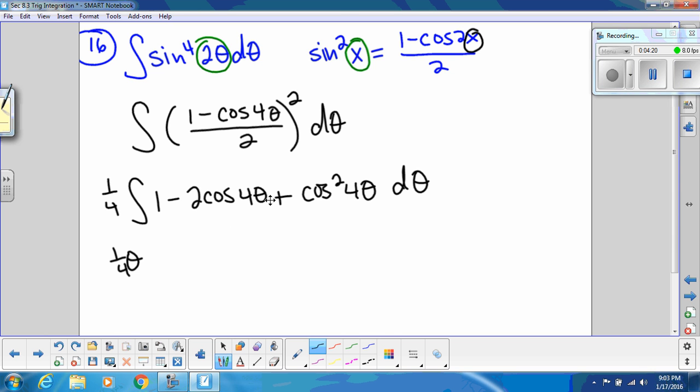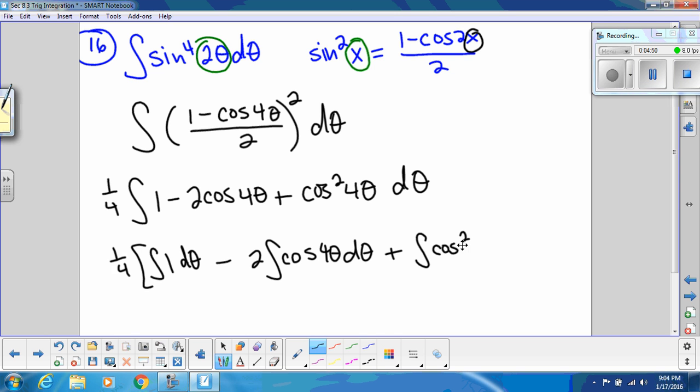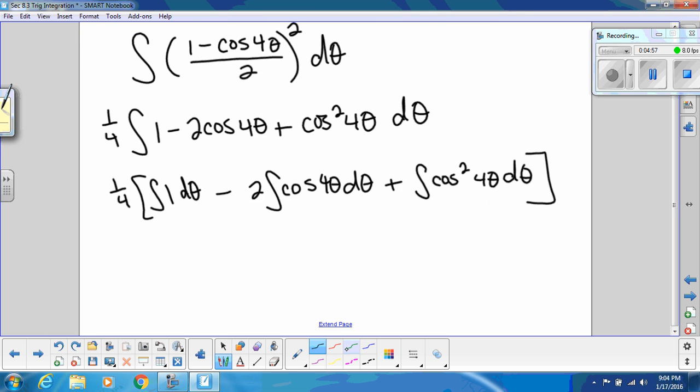So just keep in mind that this is a 4 theta, so here this is going to be my u, so my du would be 4, so I'd want to compensate for that.